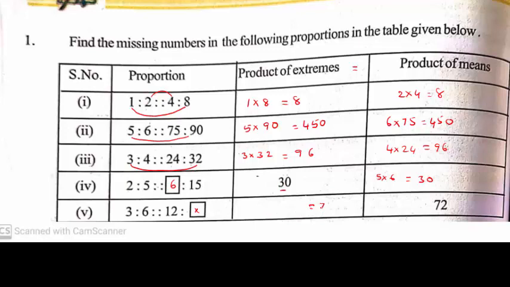Here the product of extremes is also 72 because these are in proportion. The product of extremes, 3 into x equals 72. So x equals 72 by 3. 3 into 72 cancels, 24 times. So here this is 24.